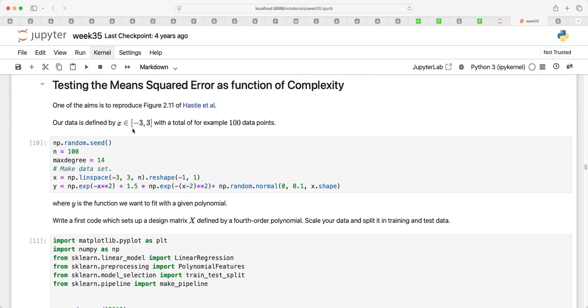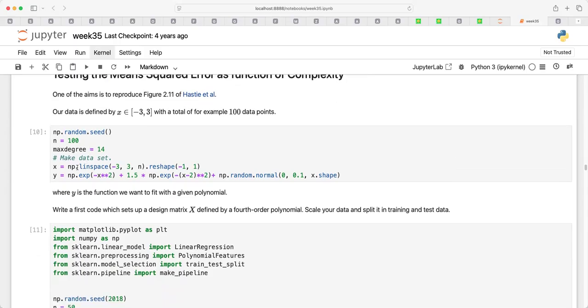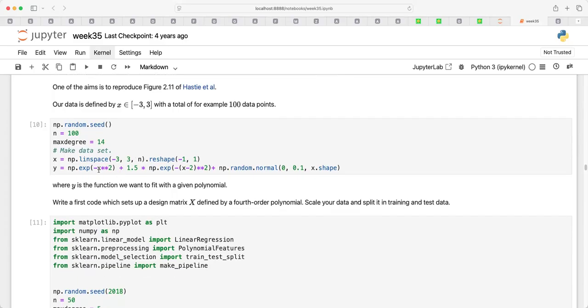So we are going to define X to live between -3 and 3, and we are going to produce 100 data points. And our data set is X from -3 to 3. And we have a function which is an exponential with an argument X squared, plus another exponential with X to the -2 squared, plus some random numbers.